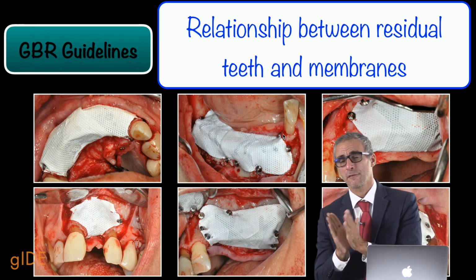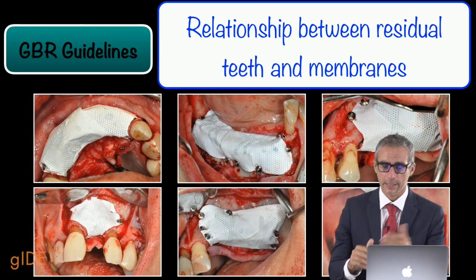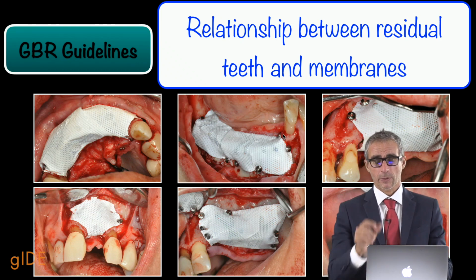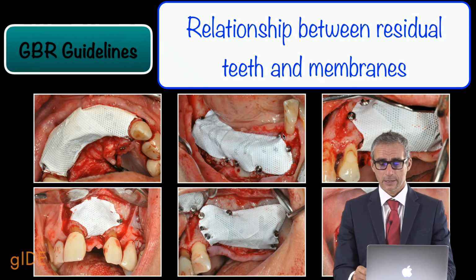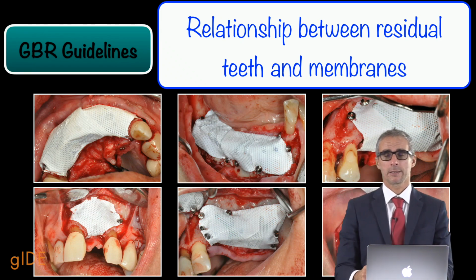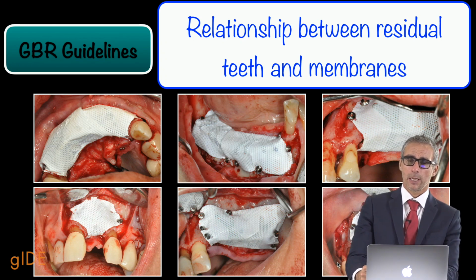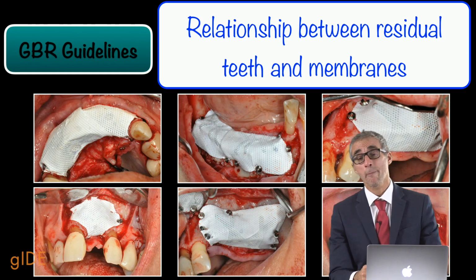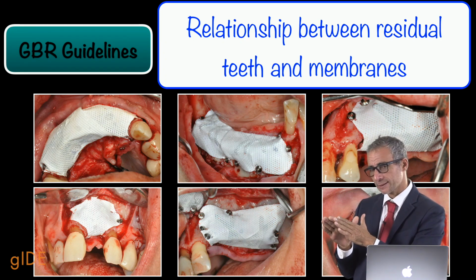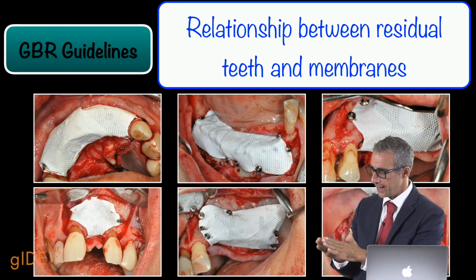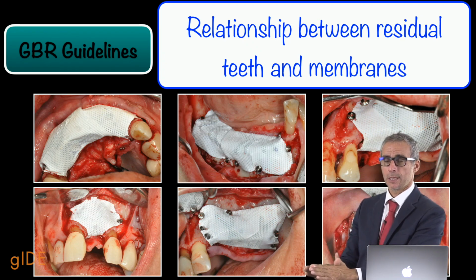It isn't sufficient to leave a residual portion of the bone around the last tooth, and it isn't sufficient to close perfectly the soft tissue on top of the membrane, if we don't manage to place correctly the soft tissue against the bone.